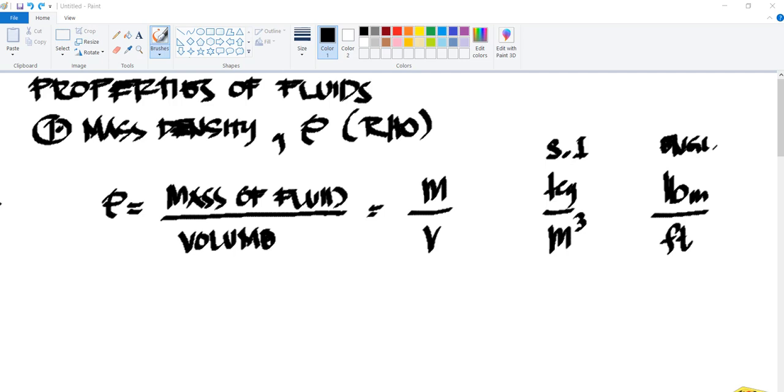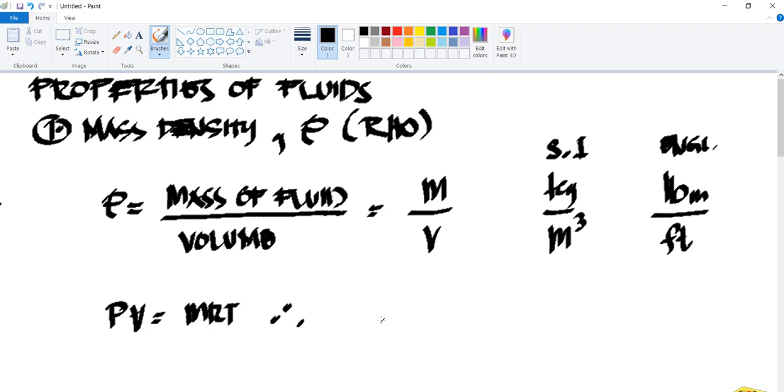Now for an ideal gas, its density can be formed from the specific gas constant and the ideal gas law. If you still remember from your thermodynamics, we have the equation PV = mRT. So you're just going to derive the equation in order to compute the density.